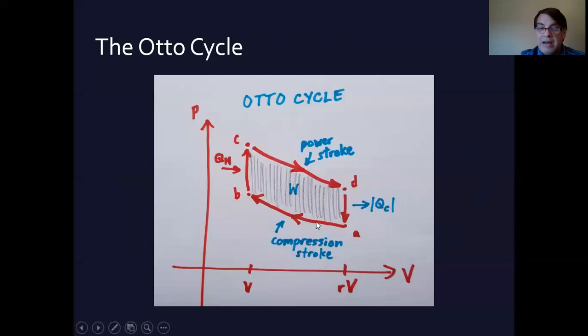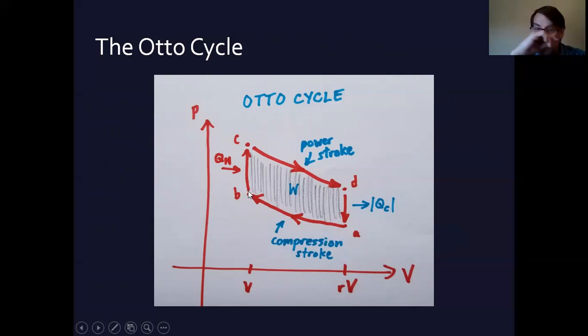This is an adiabatic process, which means there's no heat added. This is the compression stroke. As we go from maximum to minimum, from big to little, we've gone from this volume to this volume, and there has been a little bit of an increase in pressure.